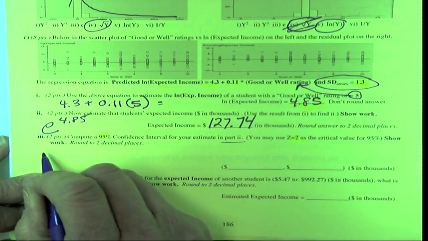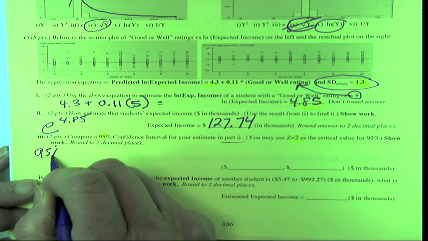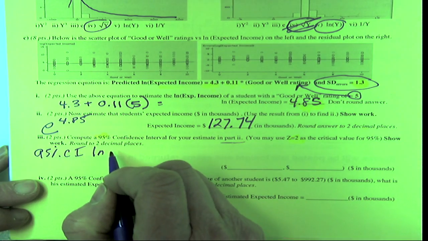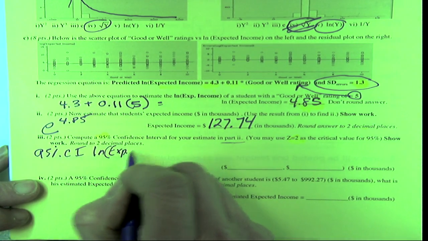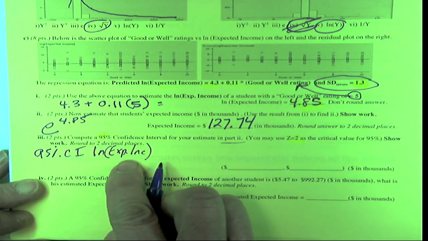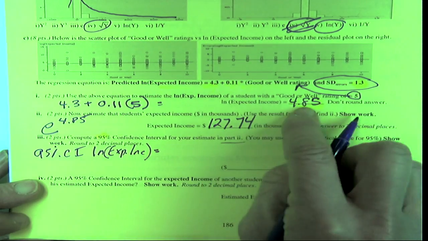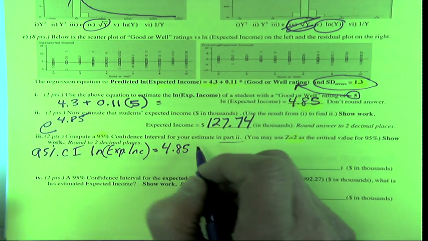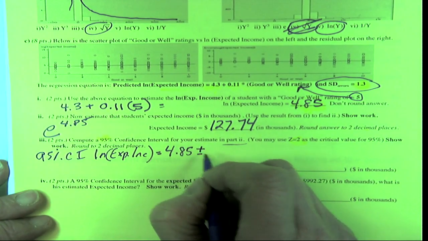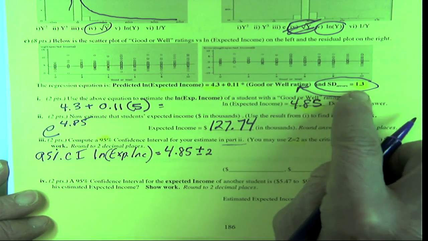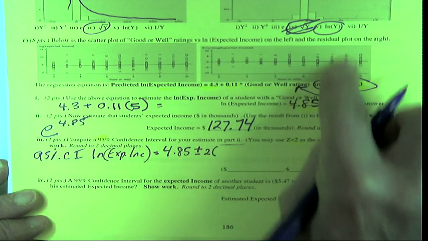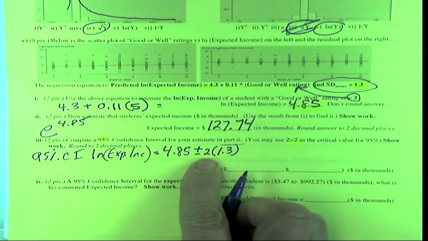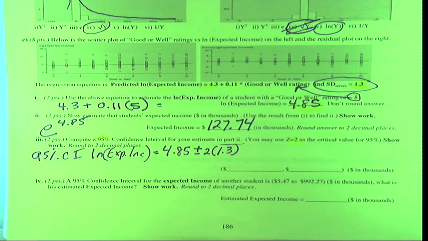So we'll say the 95% confidence interval for our prediction, which is associated with the log of the expected income, is equal to our point estimate, and our margin of error, our wiggle room for 95%, is plus or minus 2 times our standard deviation of the errors around our prediction. So that's plus or minus 2.6, all right?